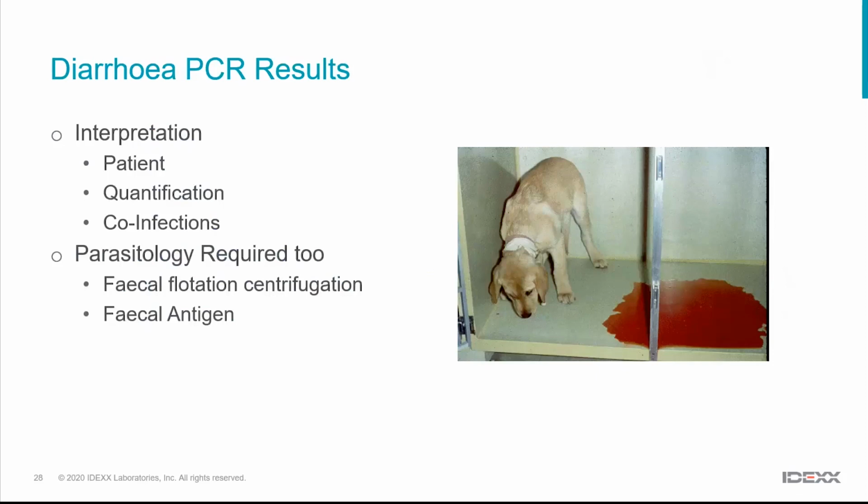If you're finding Giardia cysts in there, it tells us there's something a bit more active there. We might find, especially on younger animals, things like isospora. If we're finding coccidia, which we can find on the flotation, that may be in certain patients an extra thing that we need to consider treating. So it's really important to consider adding the combination of those tests if you're running a diarrhea PCR.